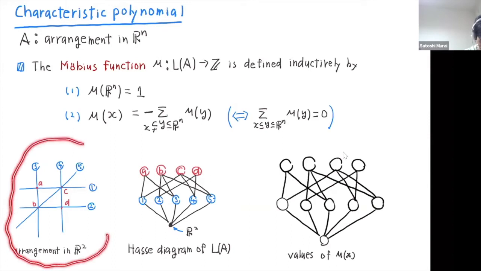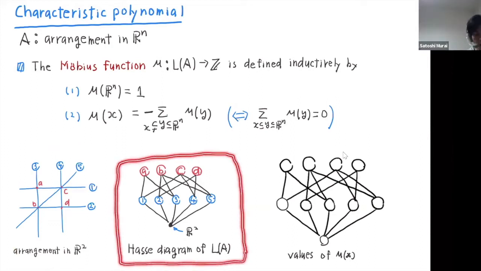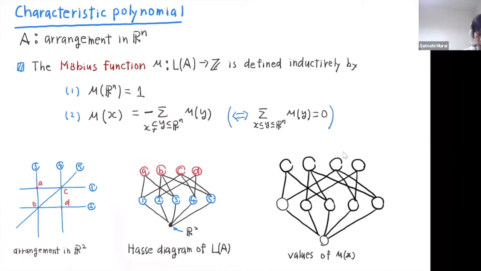So if we consider this arrangement, then as I said, the Hasse diagram of this poset is this. And then the Möbius function is defined as follows. The Möbius function is a function from the intersection poset to integers, so it just assigns numbers to each element of the intersection poset.